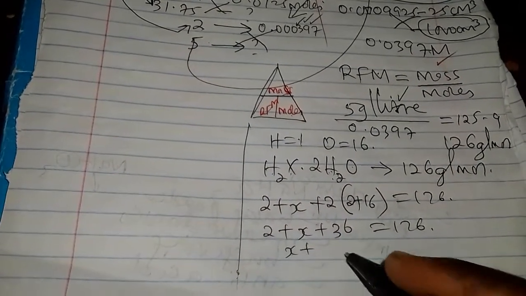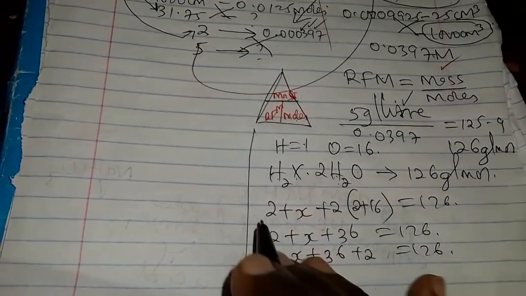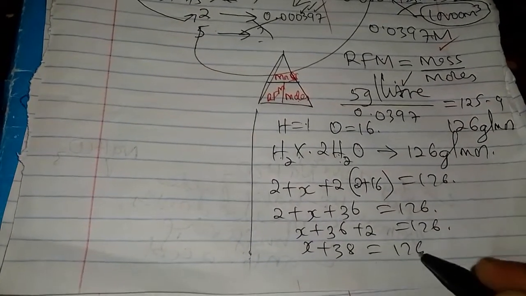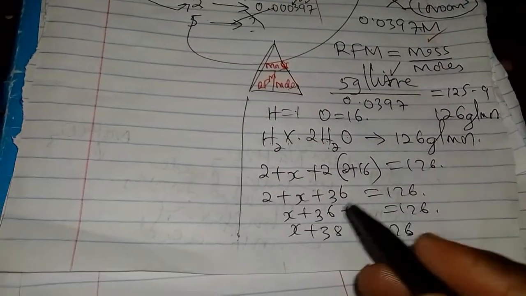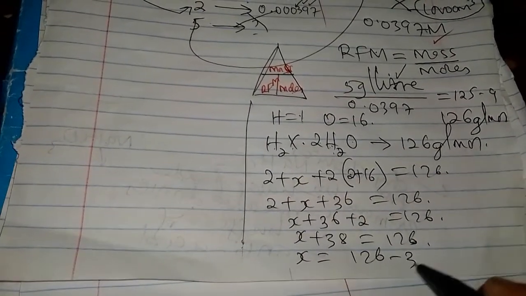So X plus 36 plus 2 is equal to 126. So X plus 38 is equal to 126. Good. So X is equal to 126 minus 38.